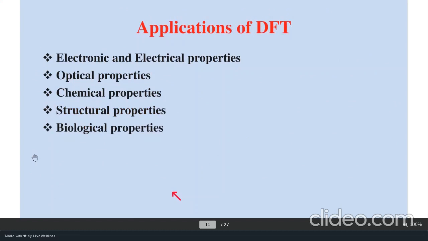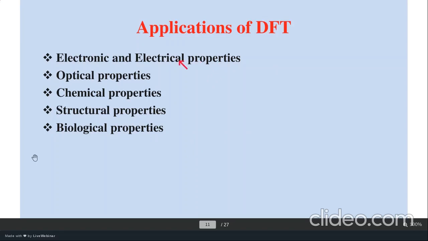Here are some applications of the DFT method. First is the electronic and electric properties of the molecule. Here we can calculate the band structure of the given system, the dipole moment of the molecules, and ionization energies.